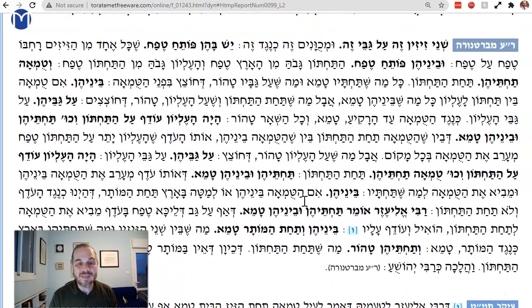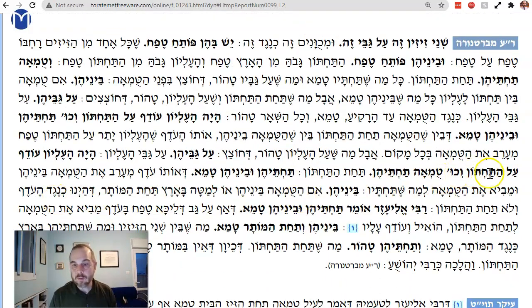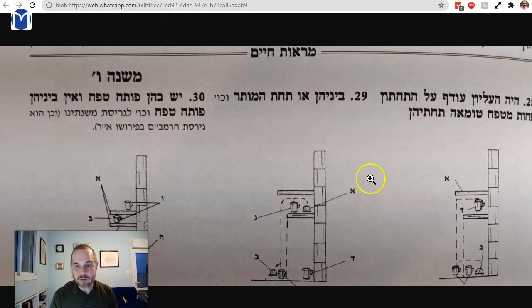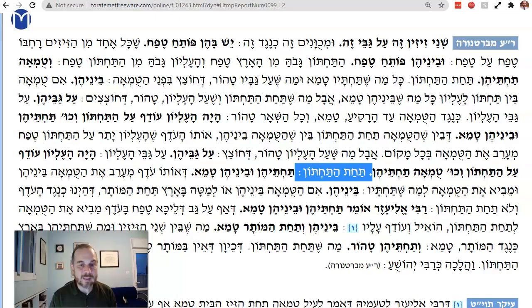But says the Bartenura, in this case, where it was less than a tefach, the tumah has to be under here. Because if the tumah is only under here, that extra protrusion is not enough. It's not a poteach tefach vis-a-vis this one over here, as we'll see in a second.